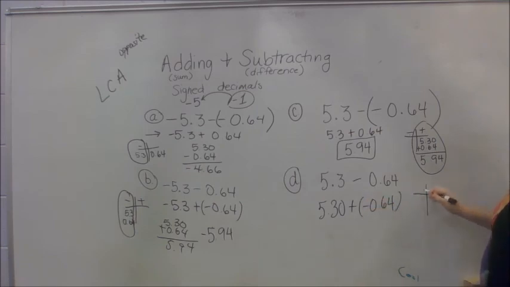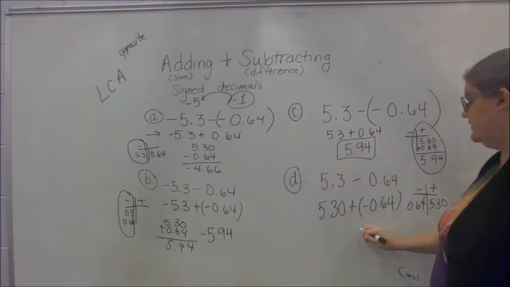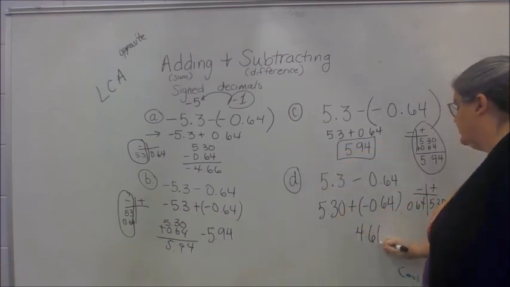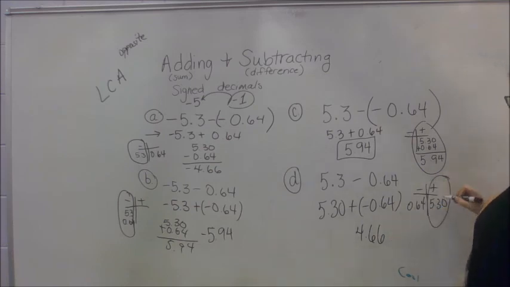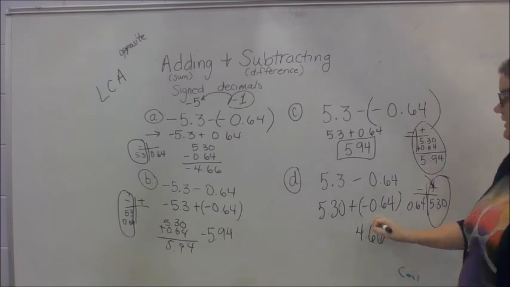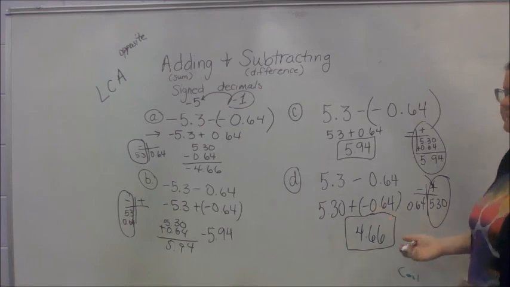If I use my t-chart here, I get one number in the positive side and one number in the negative side. Anytime we do that, we know we're going to end up subtracting. I've already subtracted up here and got 4 66/100.